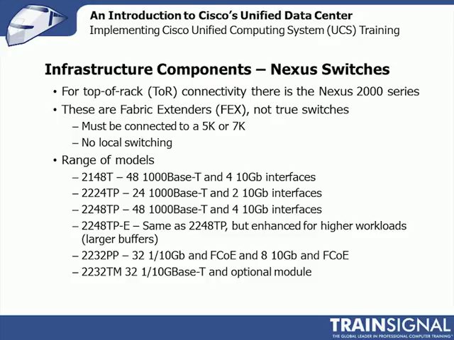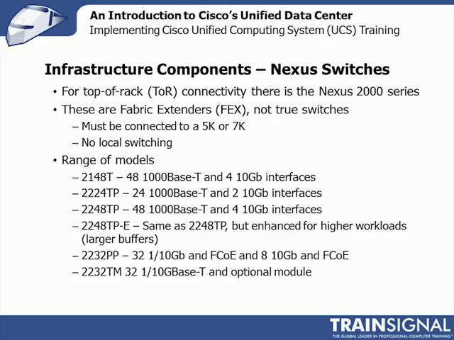So it's not a true switch. It must be connected to a 5K or a 7K. The 5K or 7K does the actual switching. If something needs to happen on the 2K, it sends it back home to the core switch. It makes the decision and it comes back. But these are cheap, they're easy, and the neat thing about plugging these off of a 5K or 7K is they look like a module off of one of those.